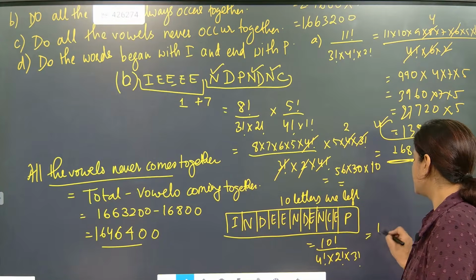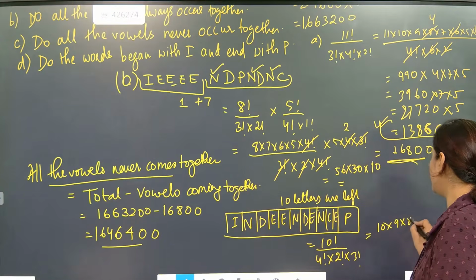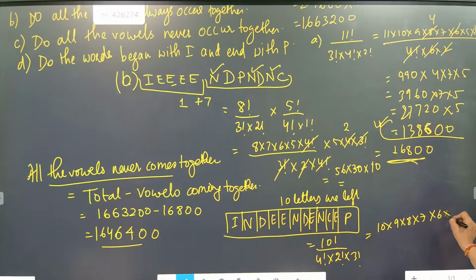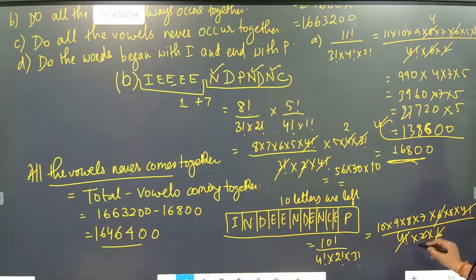So 10 into 9 into 8 into 7 into 6 into 5 into 4 factorial, by 4 factorial into 2 into 6. 4 factorial and 4 factorial cancel, 6 and 6 gone, 2 and 4 gone. So here 90 into 7 is 28, into 5.